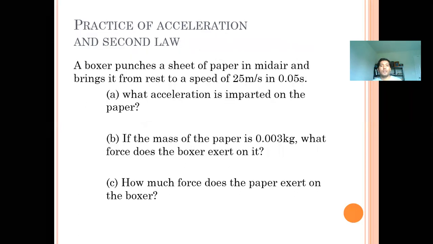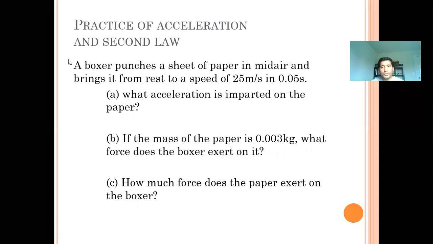Okay. The boxer, what is there? Practice second law. A boxer punched a sheet of paper in mid-air and brings it from rest to a speed of 25 meters per second in 0.05 seconds. What acceleration is imparted on the paper?